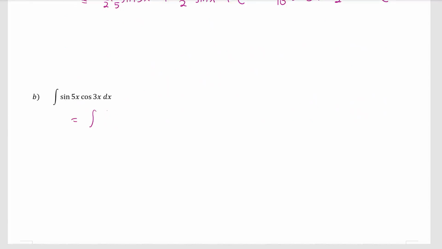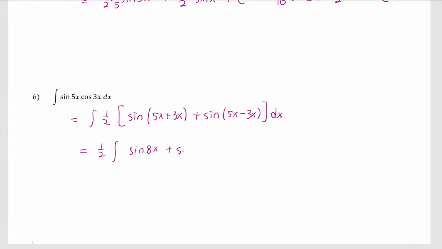So this is 1/2 times sine add the angles plus sine subtract the angles. Alright, so 1/2 move it out, and then we have the integral of sine of 8x plus sine of 2x dx.